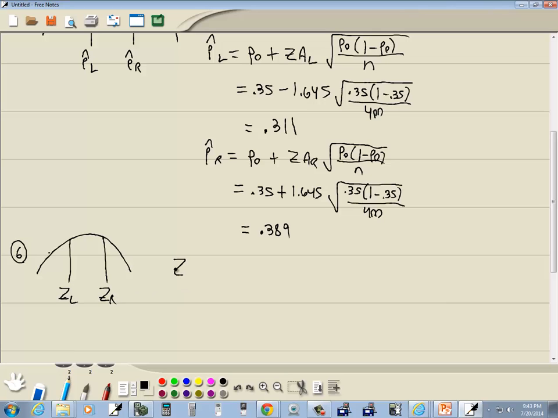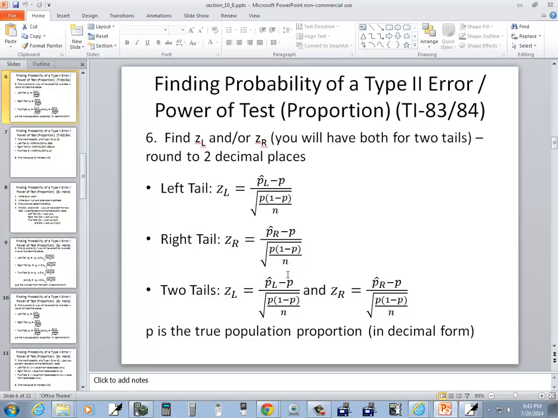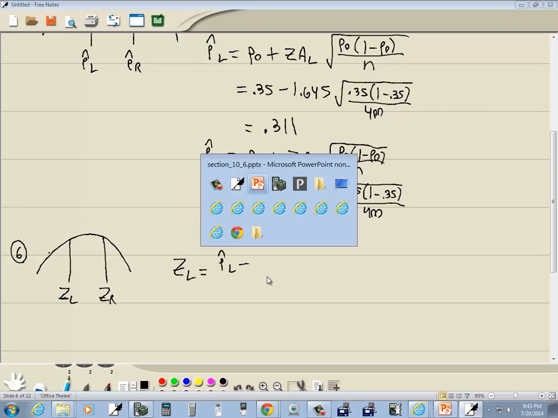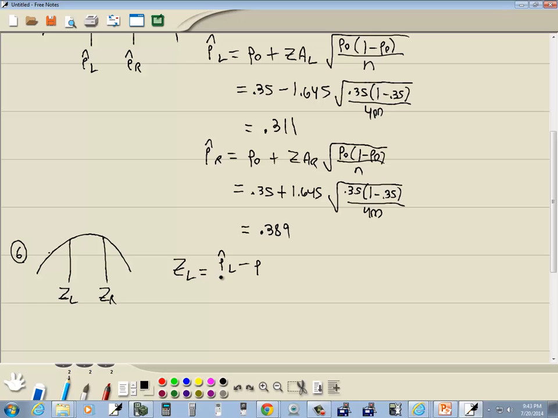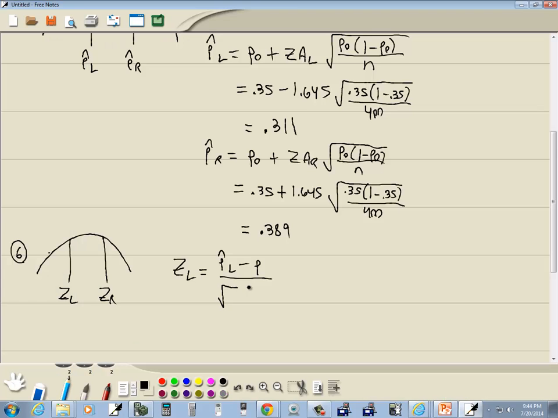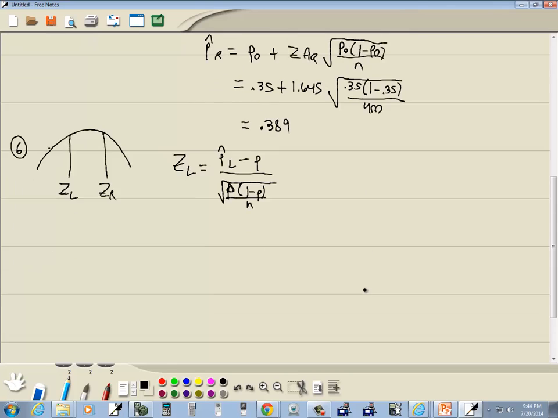Okay. So Z sub L is equal to P hat sub L minus P over square root P times 1 minus P all over N. P hat sub L we found up above.